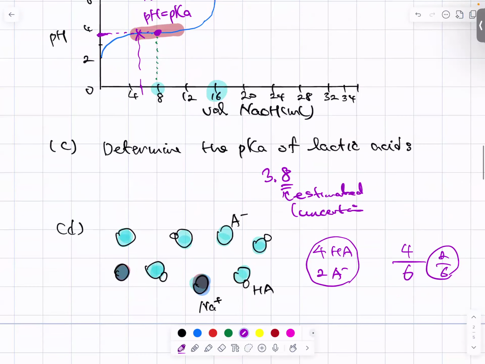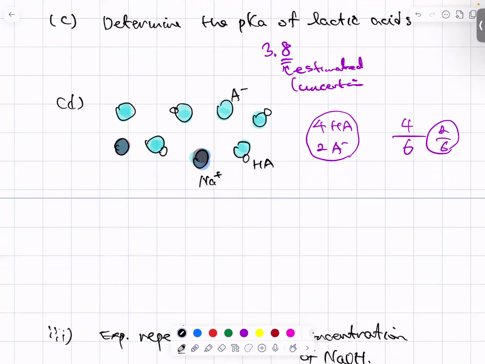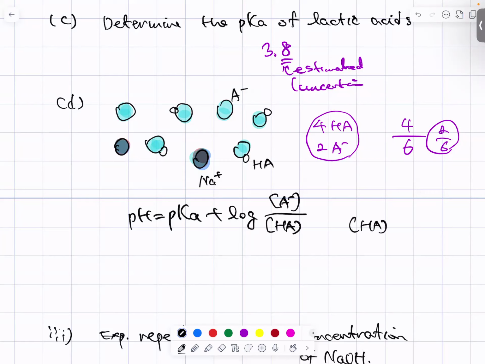As you see here, this belongs to the buffer region, very close to the half-equivalence point, so we can apply the Henderson-Hasselbalch equation now. pH is calculated by a constant, the pKa, a fixed value, plus the logarithm of the conjugate base concentration over the weak acid concentration. So A negative over HA, we have 2 over 4, this is half.